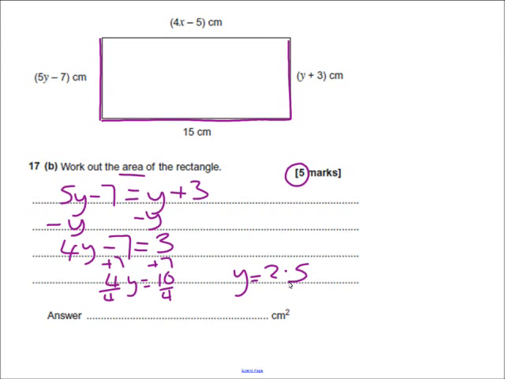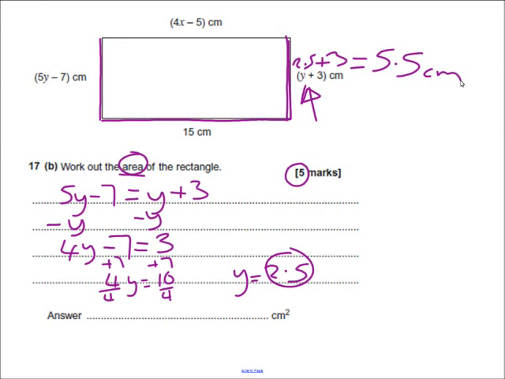Now, we haven't finished yet because the question's asking us about the area of the whole rectangle. So we need to put this value of y into one of our two lengths here to make sure we have our height. So when we put 2.5 plus 3 into this side, we now know that the length of that side is 5.5 centimeters.